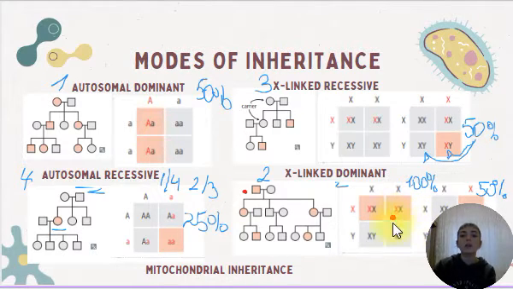So here you can see that the mother passes to the son as well as to the daughter. In X-linked, you see that the father can pass only to his daughters, right? You see some correlation with sex, but here you don't see any correlation in the autosomal dominant case.